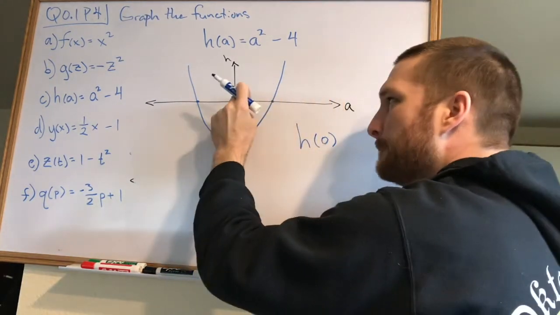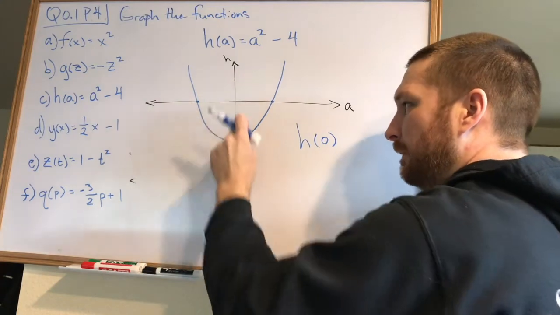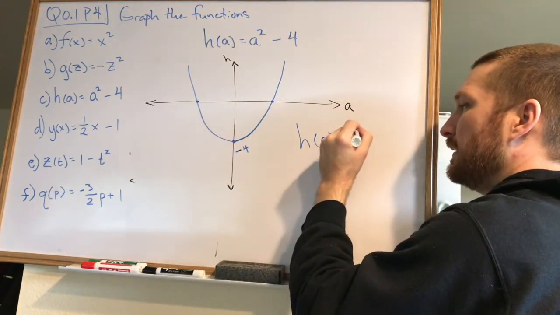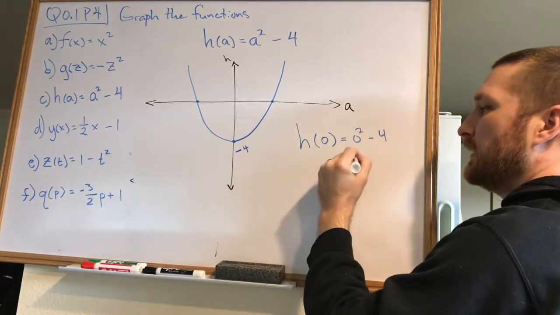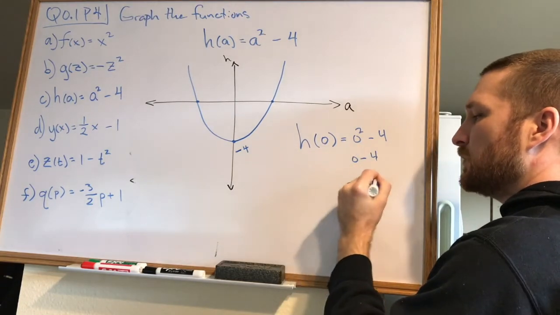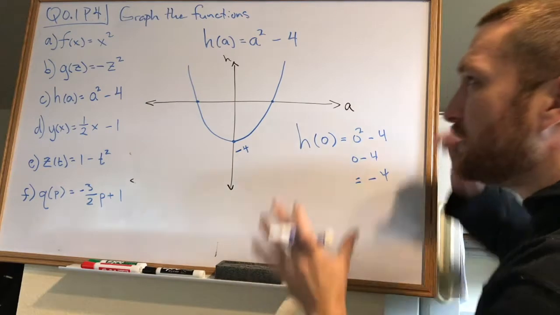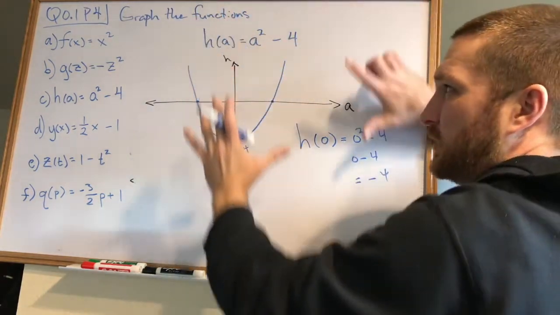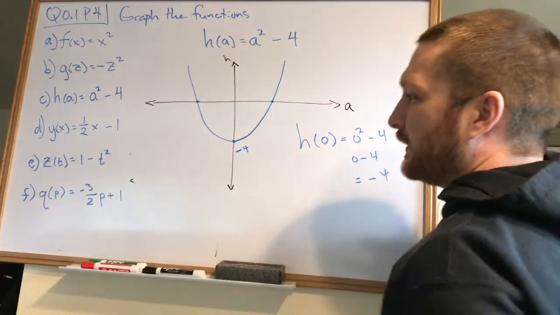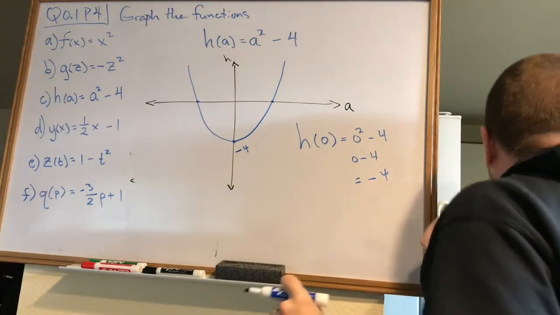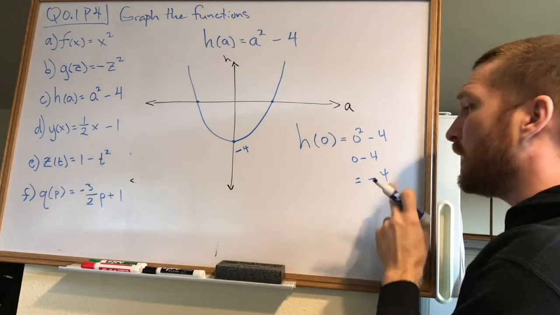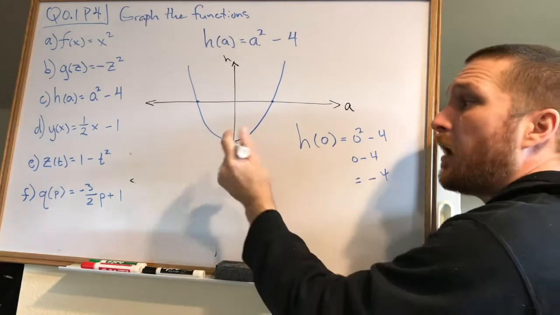When the input is 0, then the output is, oh, what do you know? 0 minus 4, which is equal to -4. Just like we drew. And we only used the idea of translating a graph that we were already familiar with. So that checks out.